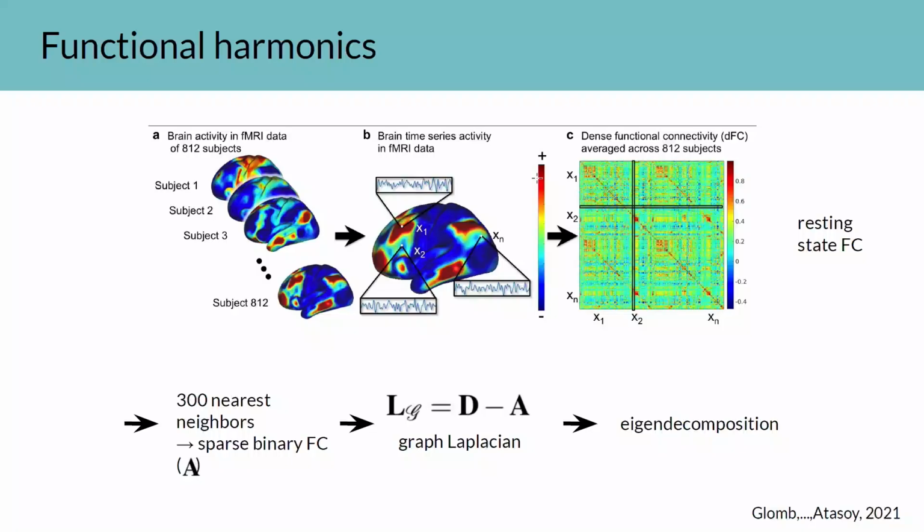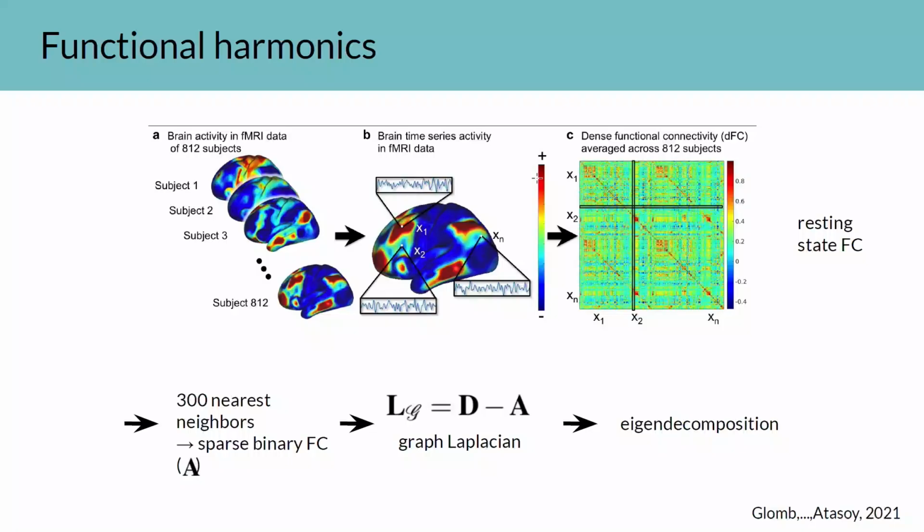You compute this very easily by just subtracting this sparse binary FC, in this case the A, from this matrix D, which is nothing else but a diagonal matrix, which is 0 everywhere except in the diagonal where it has the number of nearest neighbors, so around 300 in our case. And then you apply an eigendecomposition, which is, again, an algorithm that is very easy to apply.